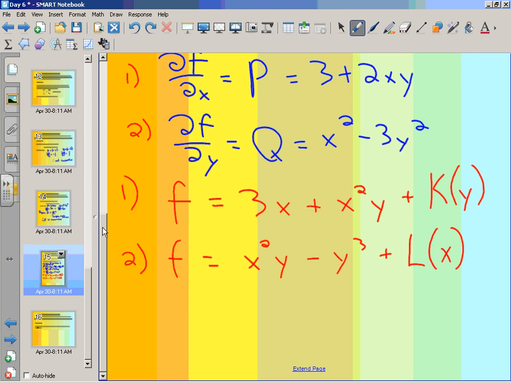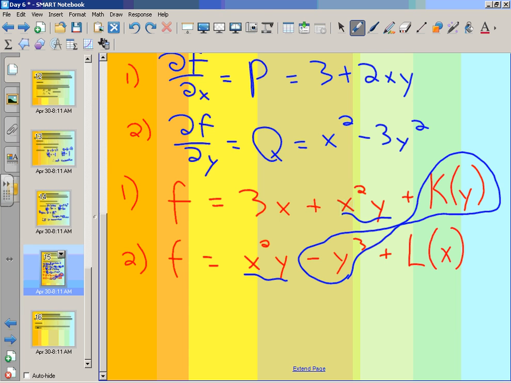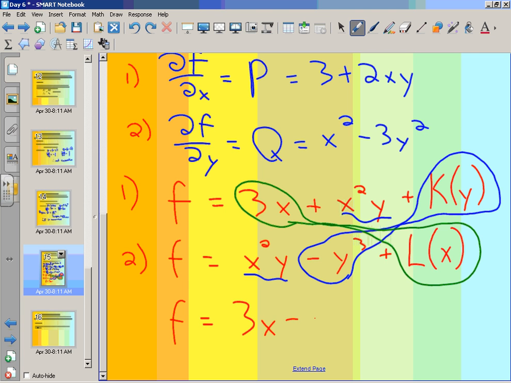Notice this x squared y is in both. The y cubed term is a function of y, so it's constant with respect to x, so this negative y cubed can serve as that function. Likewise, this 3x can be our constant function with respect to x. And so all f is going to be is 3x minus y cubed plus x squared y.